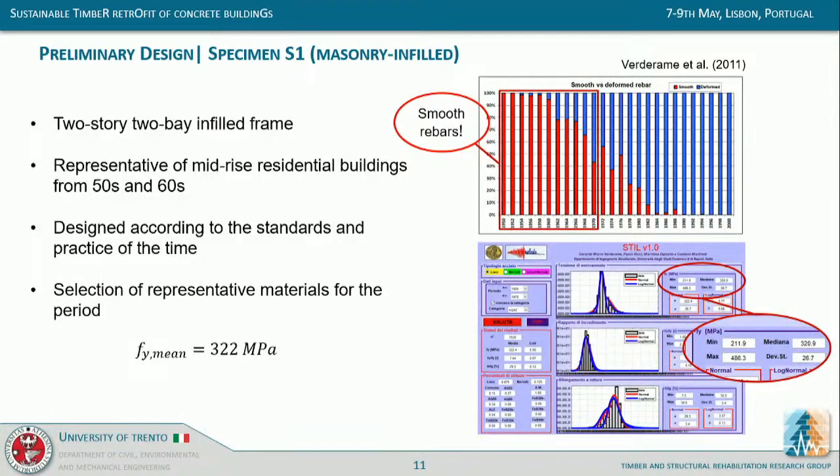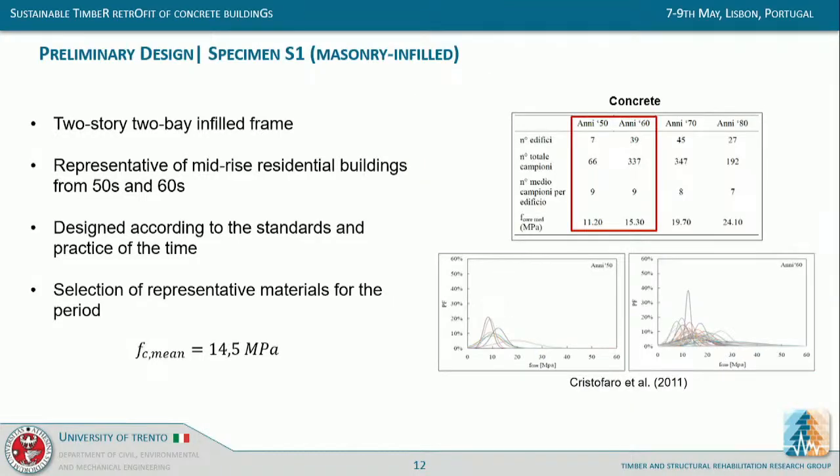So for those decades plain or smooth bars were mostly used, and by doing research on the state of the art, the most probable material properties were selected, which for steel was a yield strength of approximately 320 MPa, while for concrete, a compressive strength of around 14 MPa.